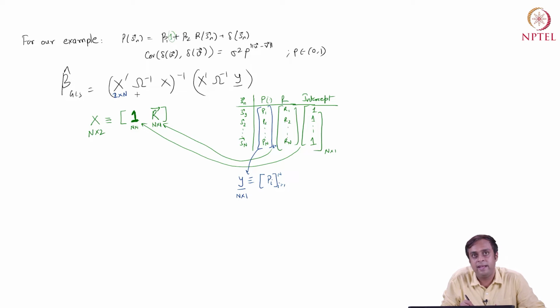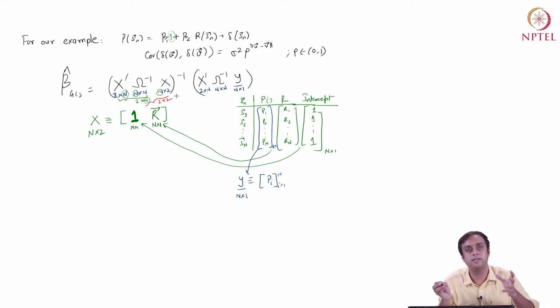Omega is n by n, and the inverse of a square matrix is the size of the matrix itself. X is n by 2, X prime is 2 by n, Omega inverse is n by n, and y is n by 1. When I multiply these, of course, there is conformity. So we have 2 by n, and then a 2 by 2 matrix.